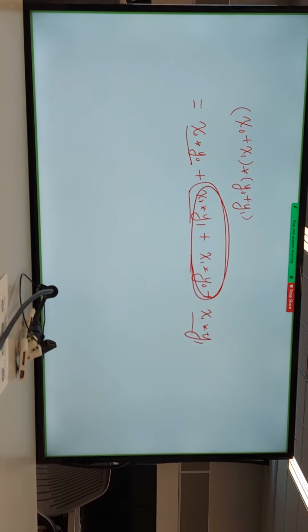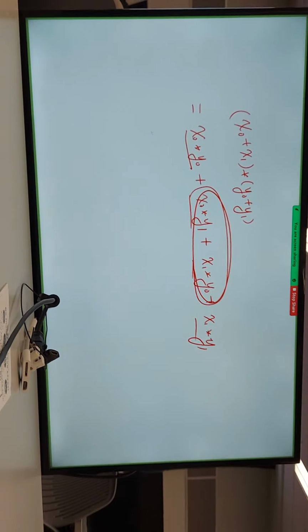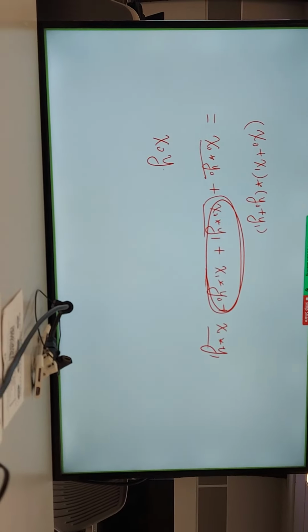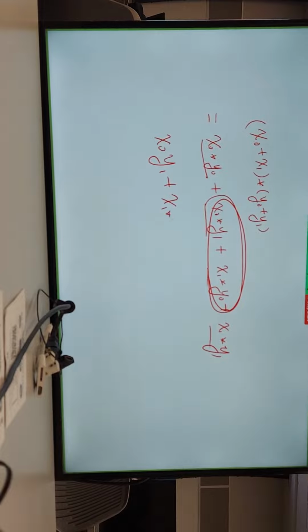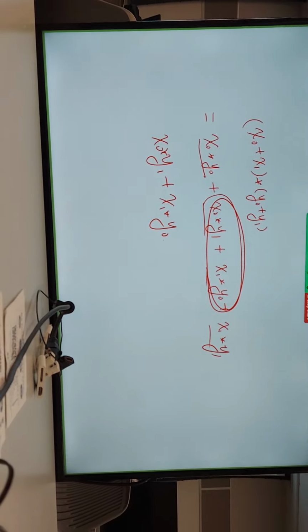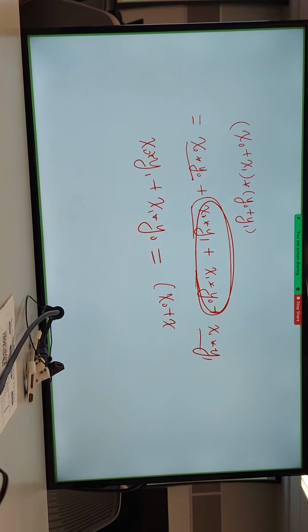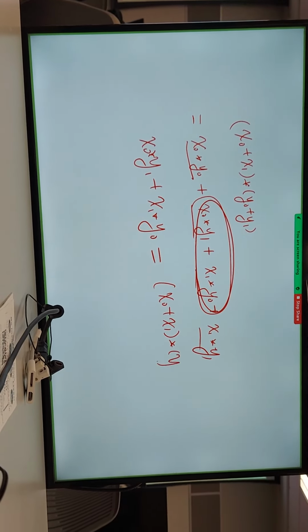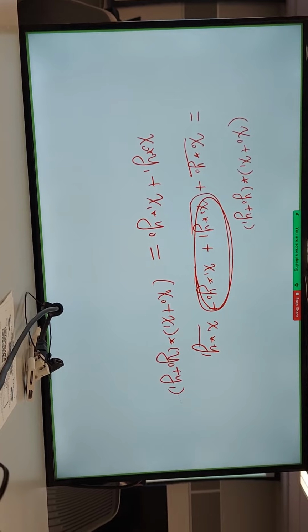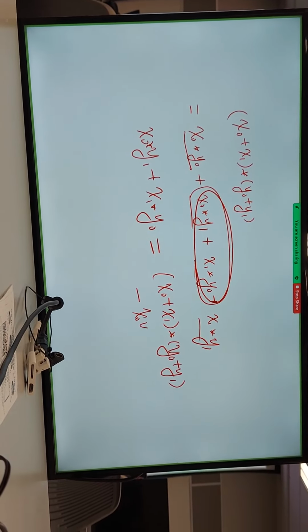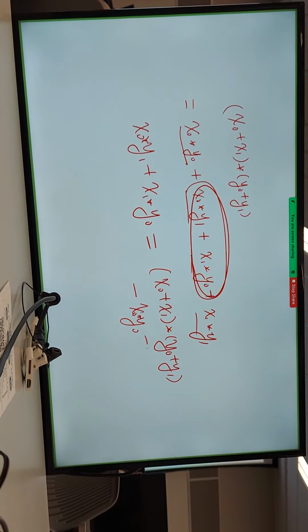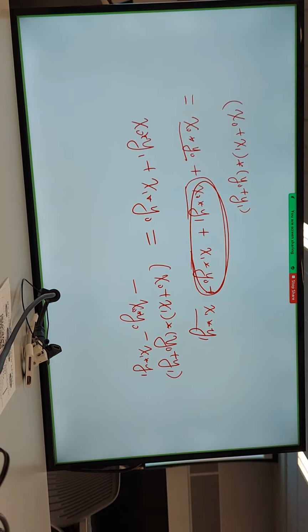If we rearrange this equation a little bit, what we need to compute, x0 y1 plus x1 y0, equals (x0 + x1) times (y0 + y1) minus x0 y0 and minus x1 y1.